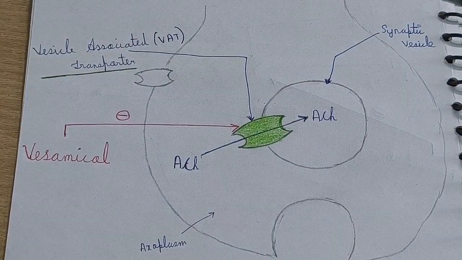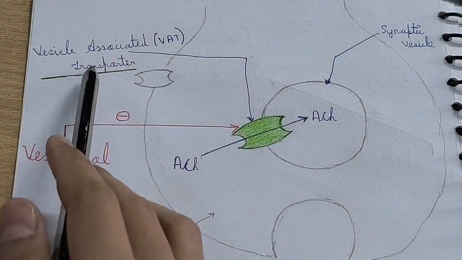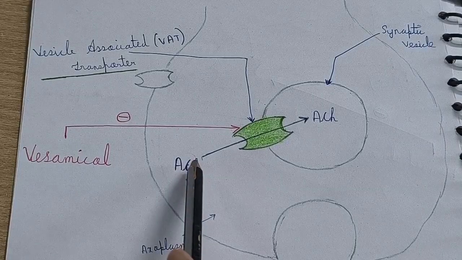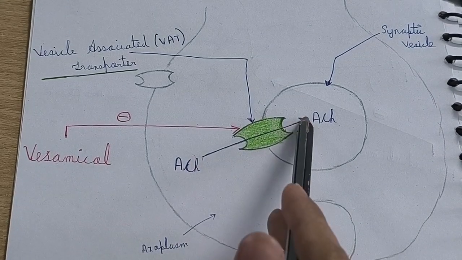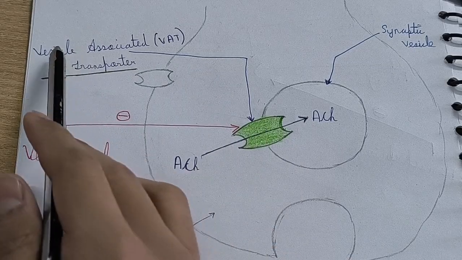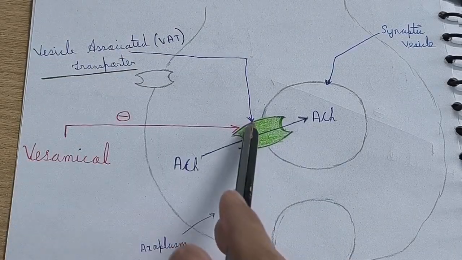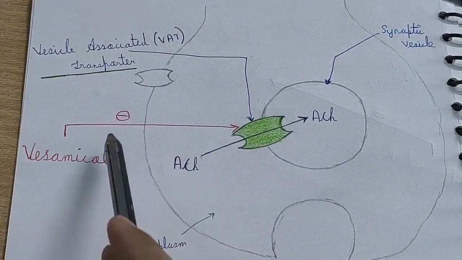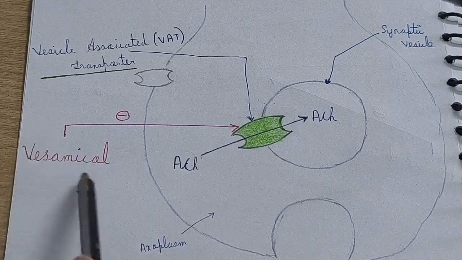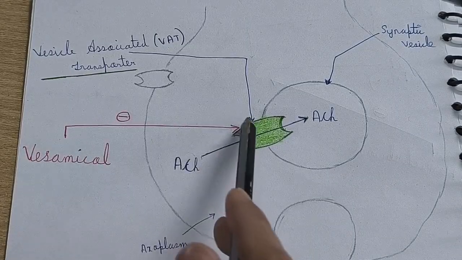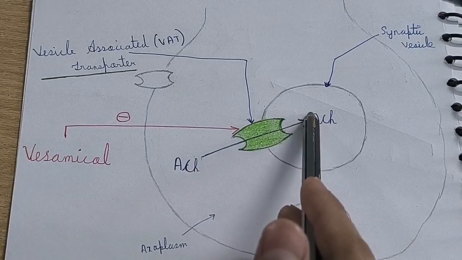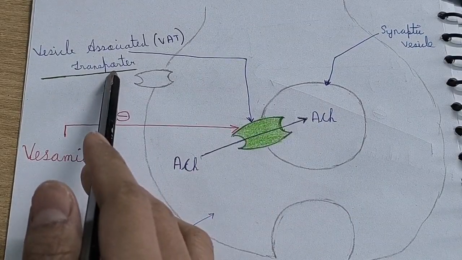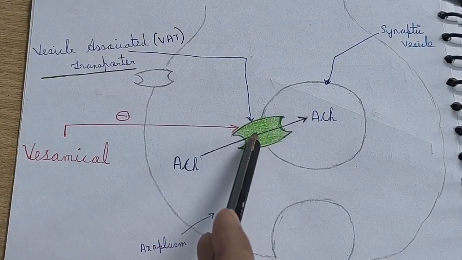As you already know, this vesicle associated transporter helps in the active transport of acetylcholine from the axoplasm to a synaptic vesicle, so this vesamicol drug inhibits this active transport by inhibiting the vesicle associated transporter.